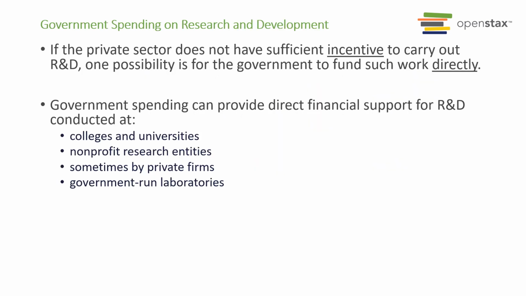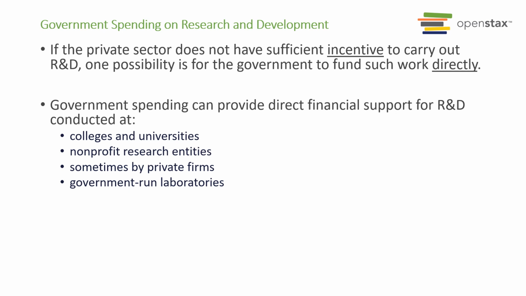Now, however, if the private sector does not have enough incentive to engage in research and development, then the government can take a direct approach. So there are four things the government can engage in. Think about colleges and universities. When you go to a four-year school, the research labs they have are funded by the government. And the innovation at those research labs also helps our entire economy, right?